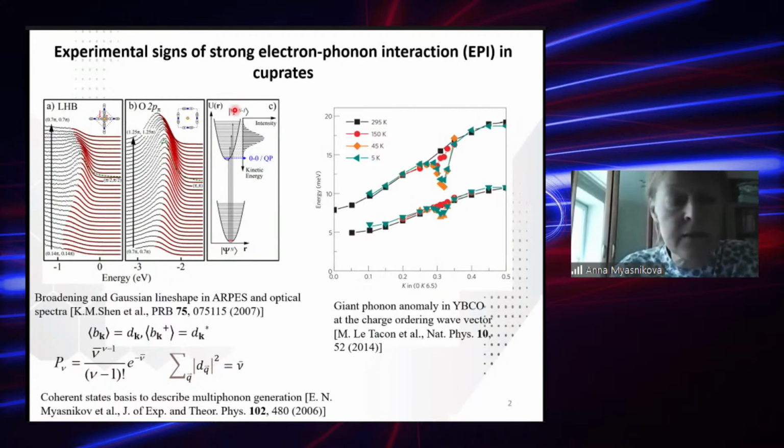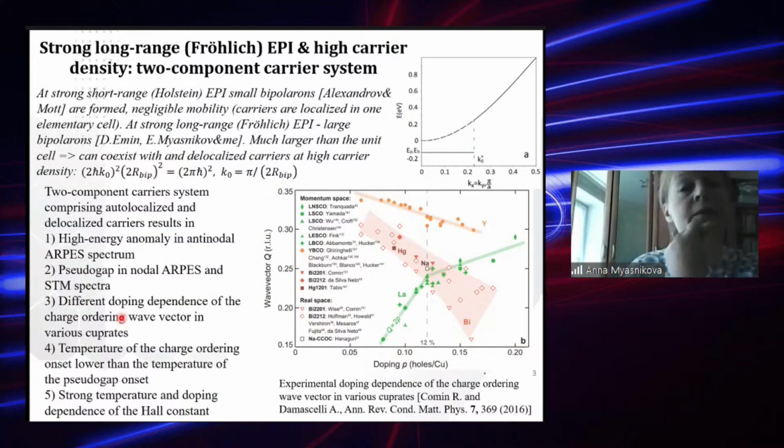It is convenient to describe such a polarization potential well in terms of coherent states. The decomposition of such states in terms of the states with a certain number of quanta is Poissonian-like. There are two types of electron-phonon interaction.